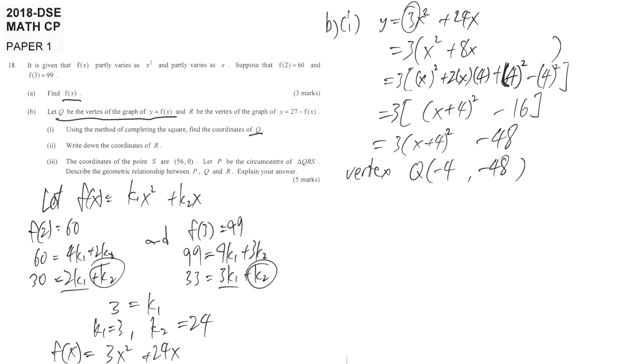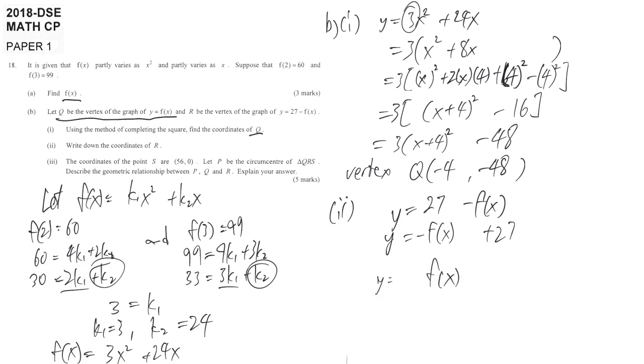We finish part B1. And B2 is by observing the function y equal to 27 minus f(x), you better rearrange it as negative f(x) and then plus 27. So we try to interpret what the transformation is in this situation. First, from y equal to f(x), the result we have to times negative.